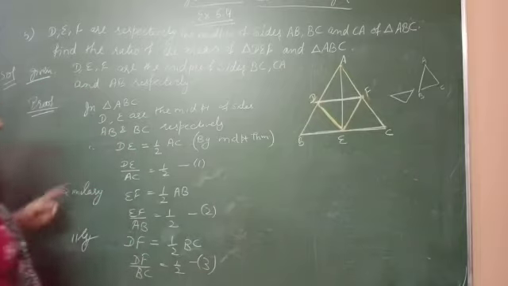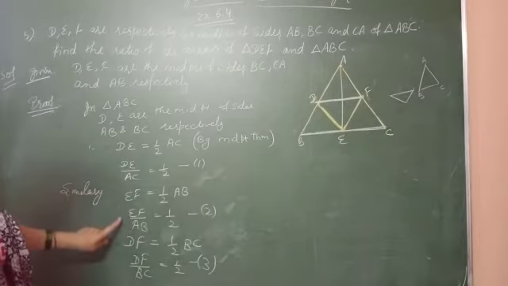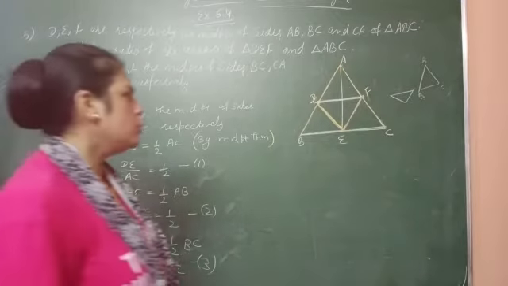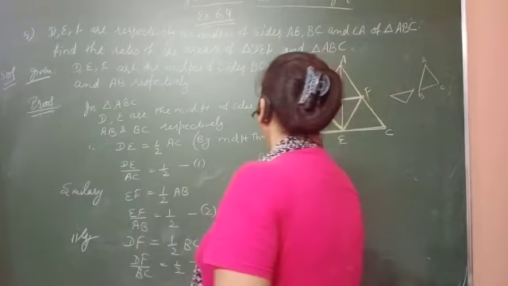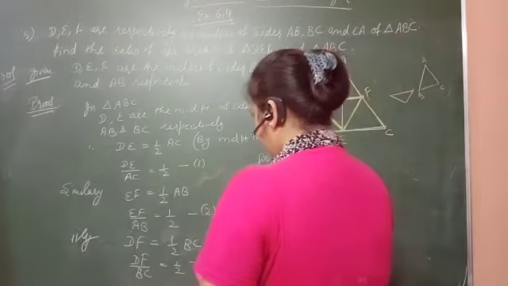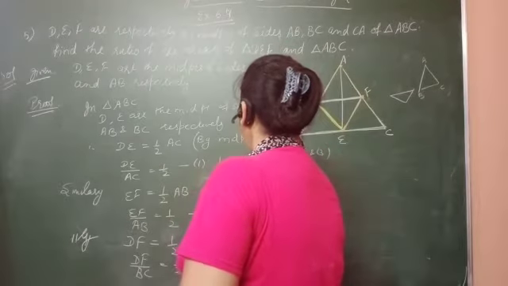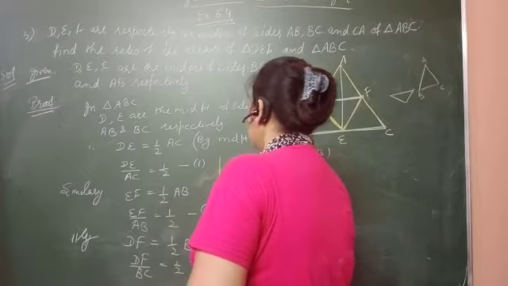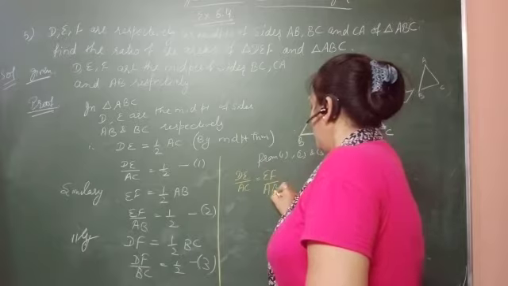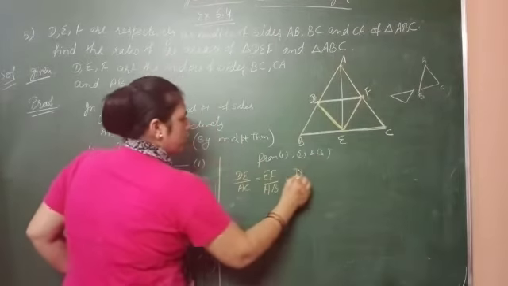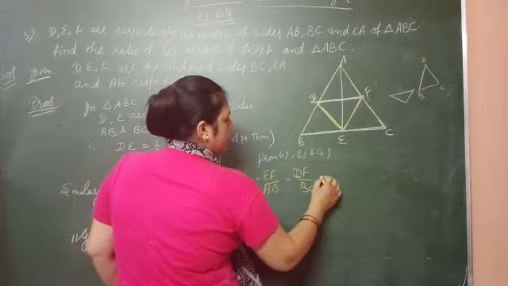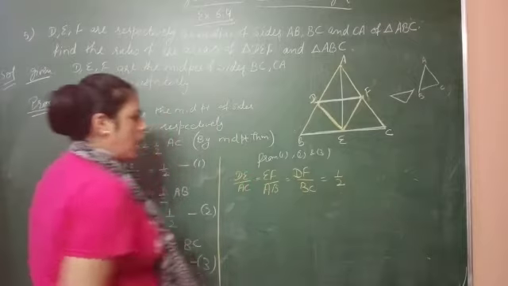Now what you observe from first, second and third, the ratios of these three sides are equal to 1 by 2. So that means DE over AC is equal to EF over AB is equal to DF over BC, all equal to half.